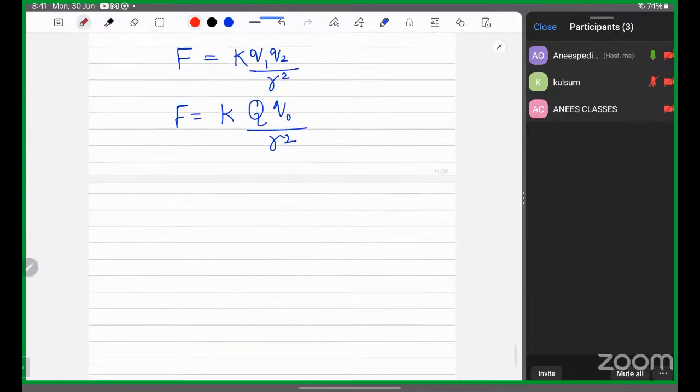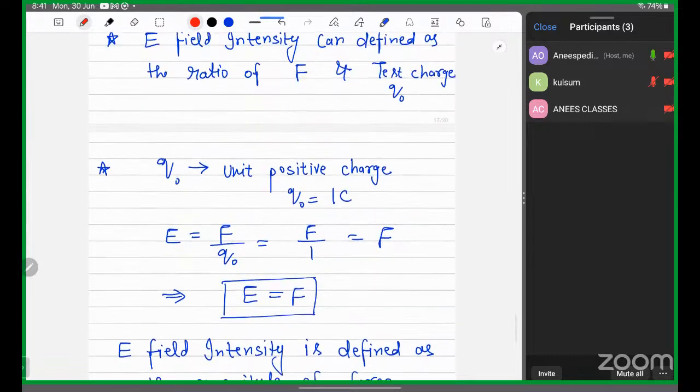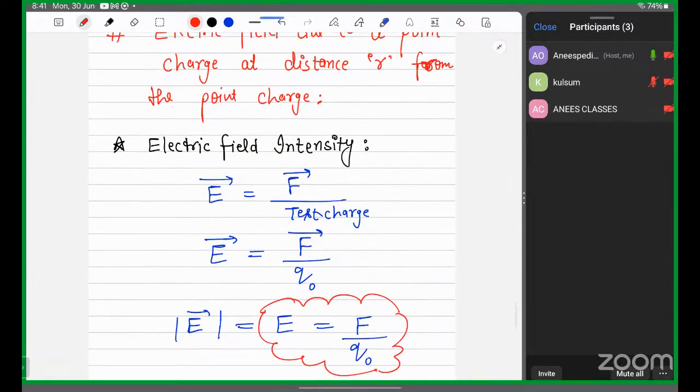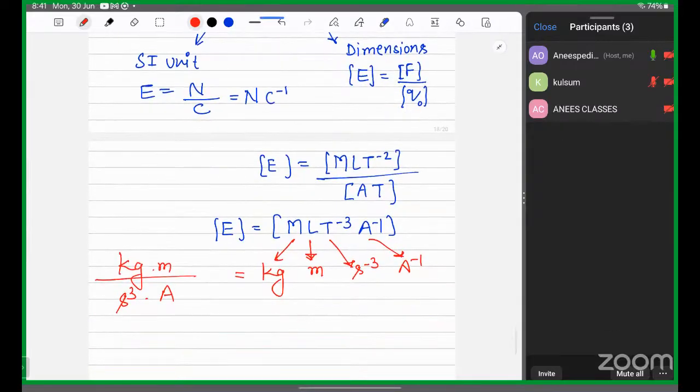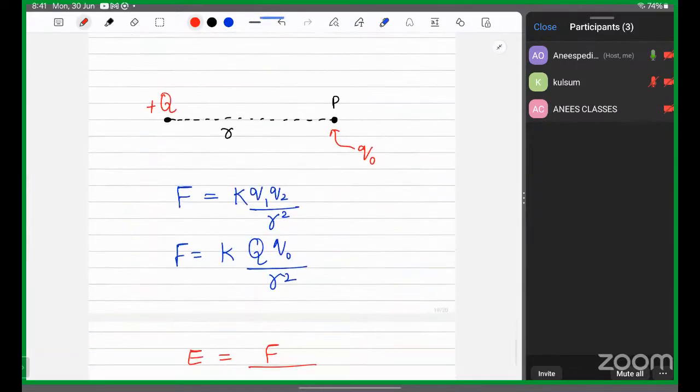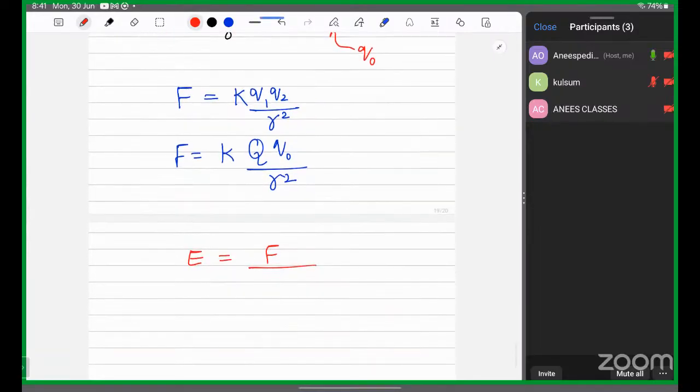Now we can define electric field intensity E by the formula F divided by test charge. Remember, I already told you, if you are going to apply E equals F divided by charge, that charge is the test charge. In any discussion of electric field, in any numerical of electric field, there will always be two charges. First one, source charge. Second one, test charge. In the formula E equals F divided by Q, Q is the test charge, not the source charge.